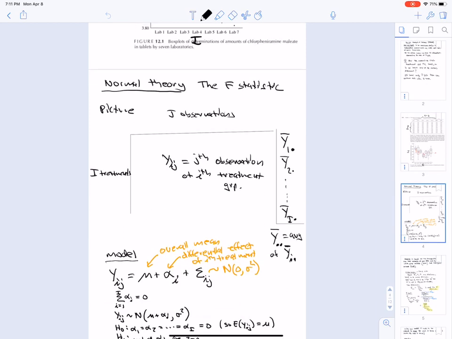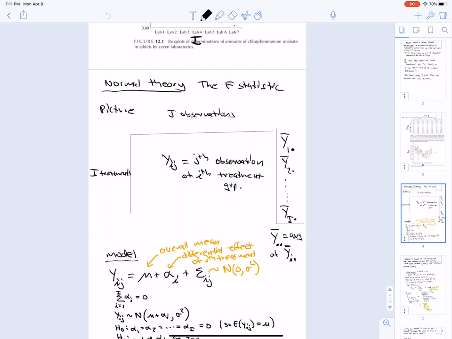So Yij is the jth observation of the ith treatment group, and for each row I have a group mean. So for the first row, y bar 1 dot is the first row mean, and the average of the row means is y bar dot dot.